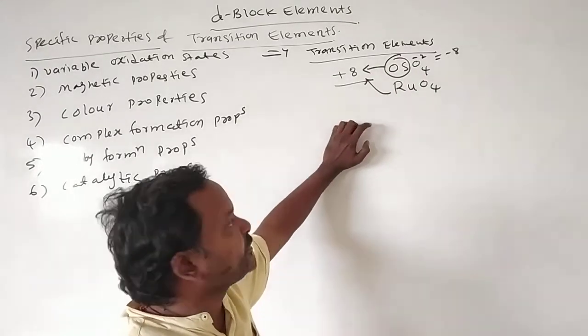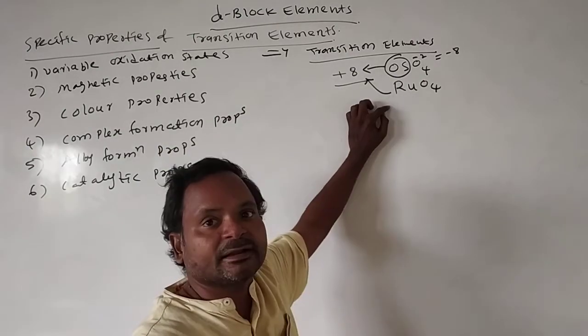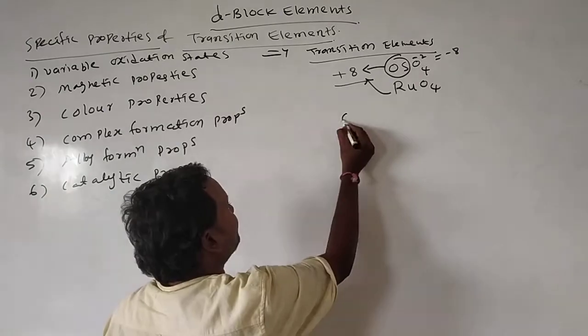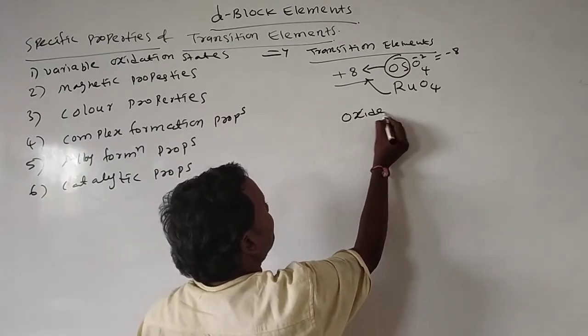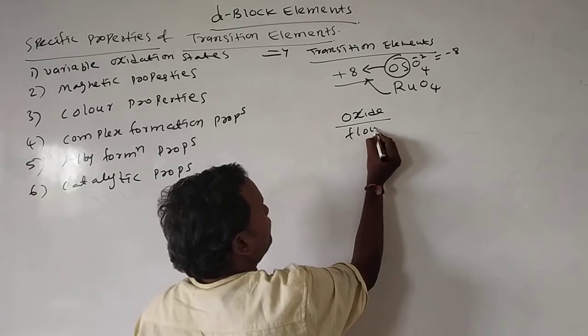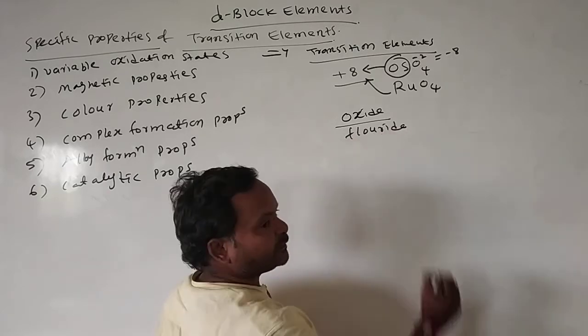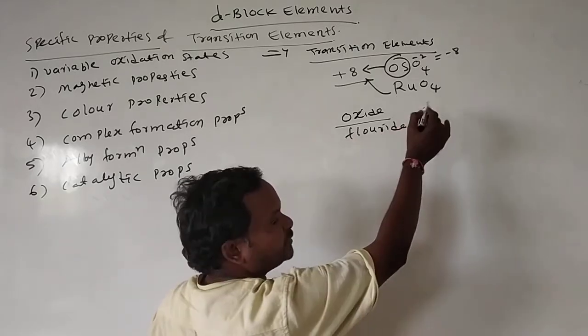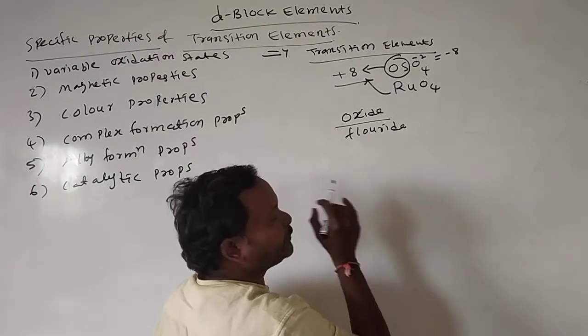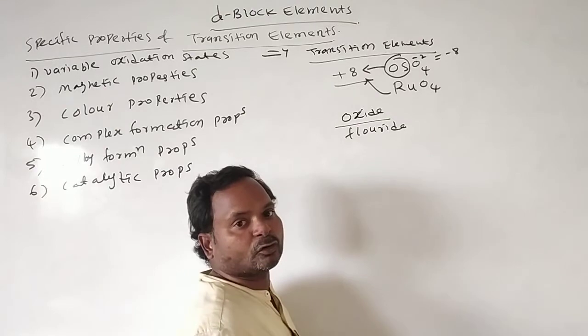The highest oxidation state of any atom is always available in the form of oxide or fluoride. Why? Because that many oxygen atoms and fluorine atoms provide space only for atoms which have more nuclear charge.